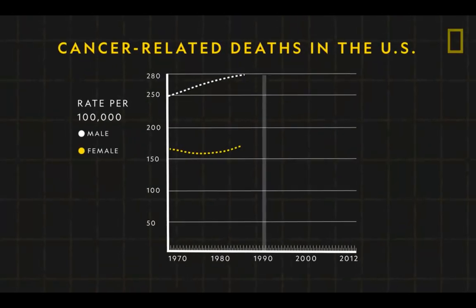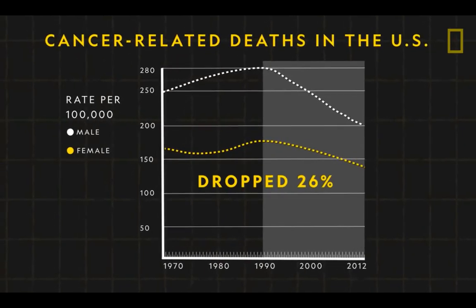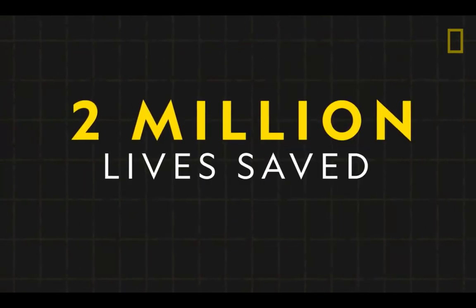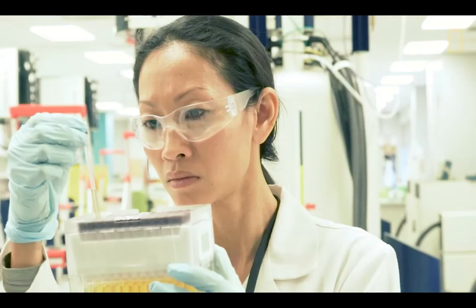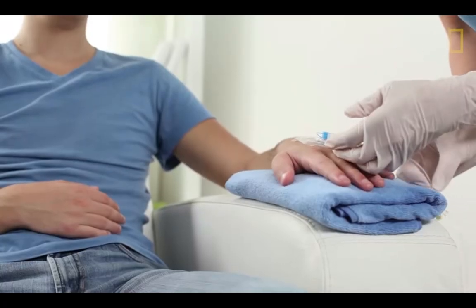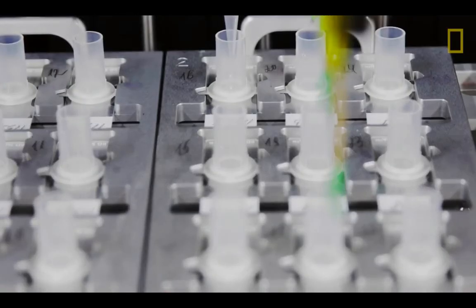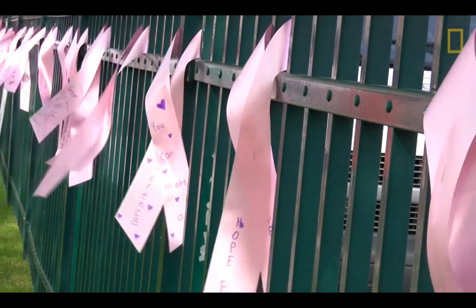Since just the 1990s, cancer mortality rates have dropped more than 26% in the US, and more than 2 million lives have been saved. As treatments and methods of early detection improve, and doctors, scientists, and the public better understand cancer, hope remains in the fight against the disease.